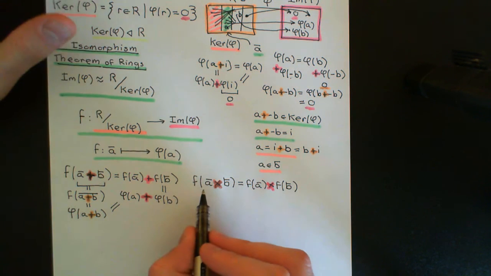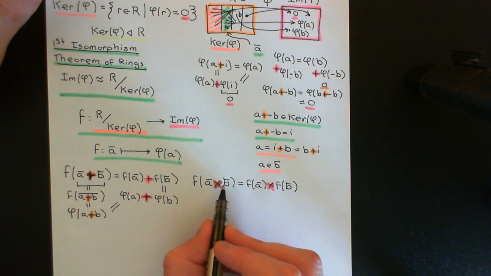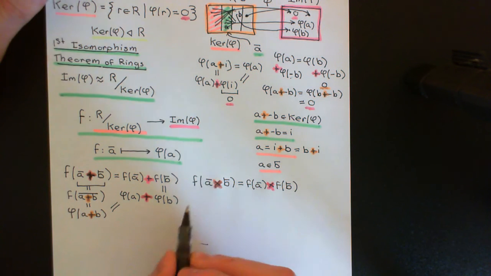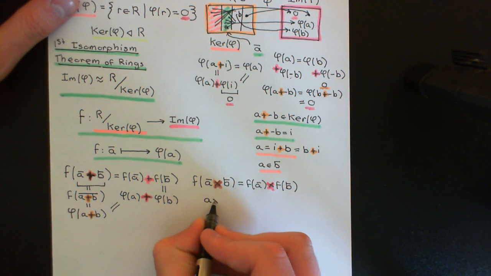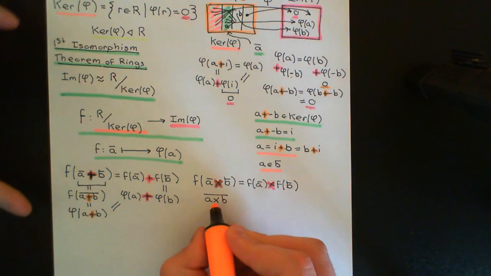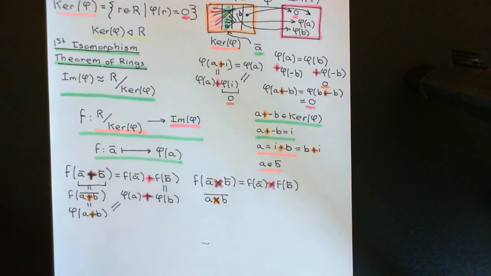Okay, right, so again we'll take the left-hand side here. If we want to multiply a bar and b bar together in the quotient ring, we just take a representative from here and multiply it by a representative from here in the domain ring, so it'll become a times b, and then we take the coset of that, so it'll be a times b bar, okay, like so.